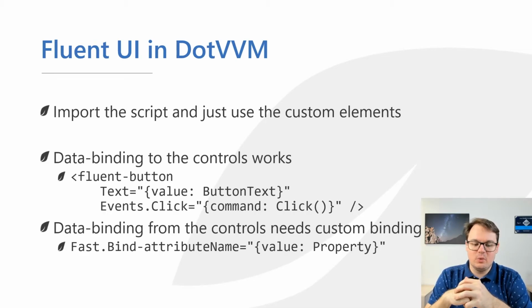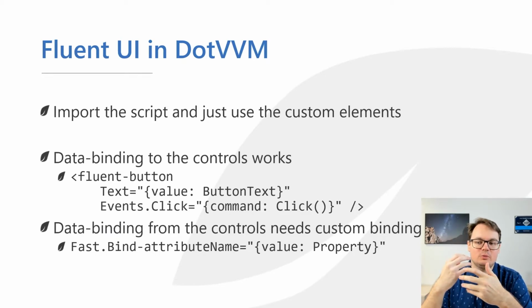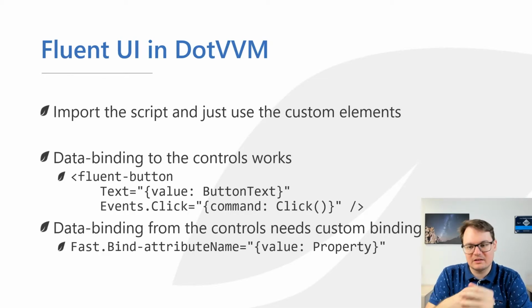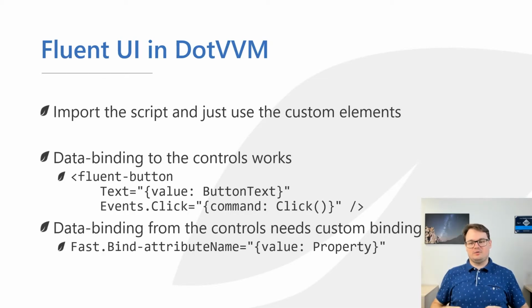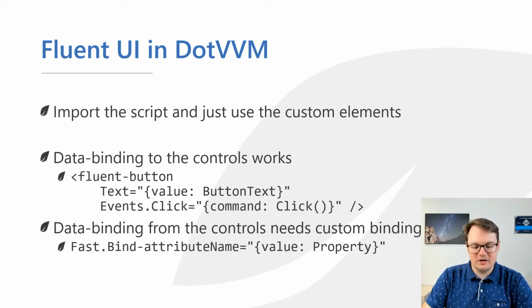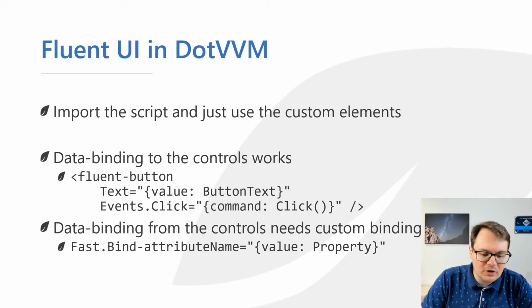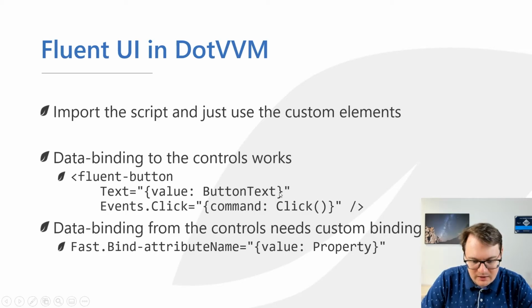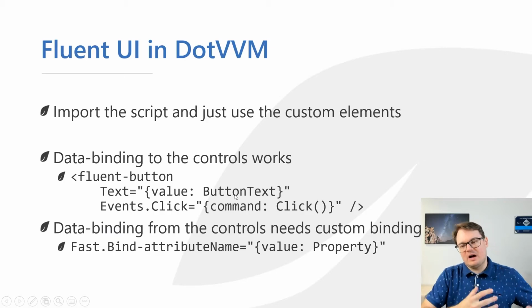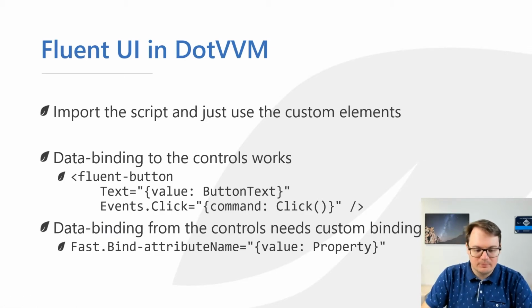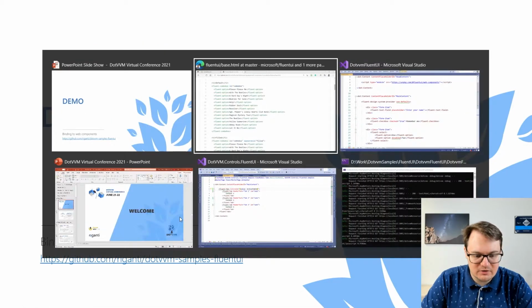So for example, if you want to bind to a text box, you will need a custom binding handler that will be able to detect that the text value was actually changed. Yeah? And that's what you don't need to implement, because we have implemented it for you, and it's part of the sample application, so you can use it freely in your apps. And we basically had to write our own replacement of this value binding, which will provide also the way back. Yeah? So let's look how it works.